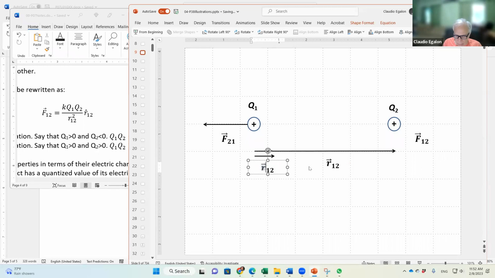Let me see if I can do that. No, that's not what it is. No, it's like that hat. Yeah, good, it worked. That's exactly what I want. Now I have to get rid of this vector sign. Sometimes this software doesn't work the way it's supposed to. Oops. Let's see.